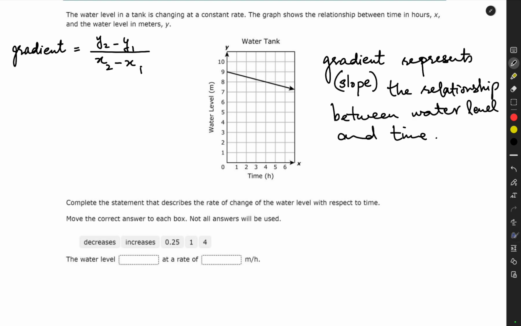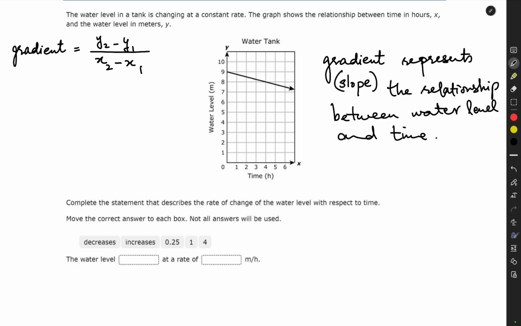And when I say y2 and y1, I mean any two values of y which are on the line. And if I talk about x2 minus x1, any two values of x which are on that line. That means I'll choose 2 points which are on the line.